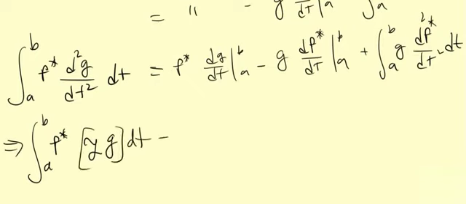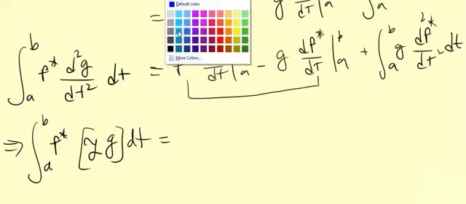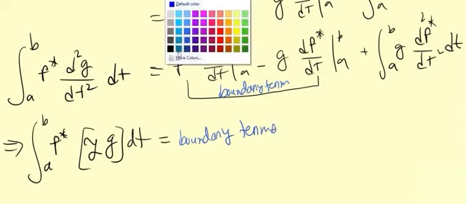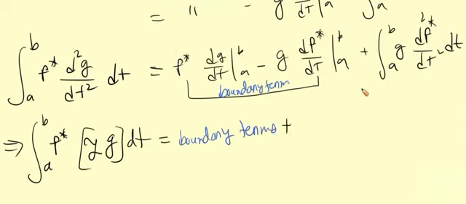And we have our integration measure, and these guys are called the boundary terms, because they are evaluated at my boundary points, right? So these are our boundary terms. So let me just write them down as boundary terms. And finally you can have this plus this integral b a.